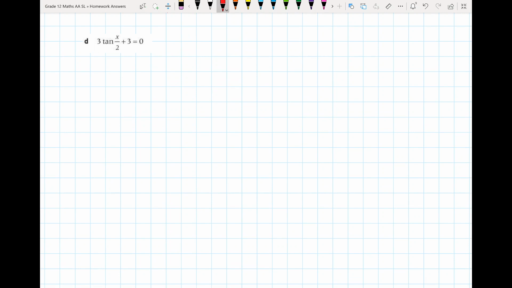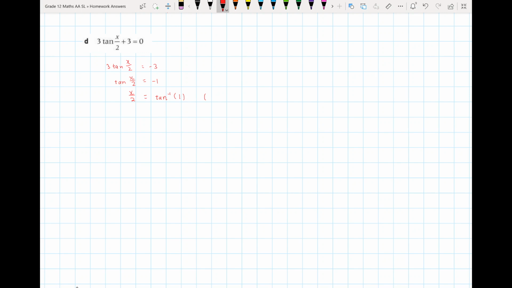So tangent, let's isolate. So let's undo the tangent ratio. Now we have -1 here. So -1 basically just tells us that it will be in the, so let me take away the negative and write down what those quadrants' answers should be.